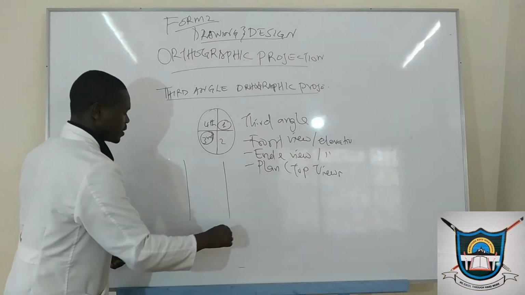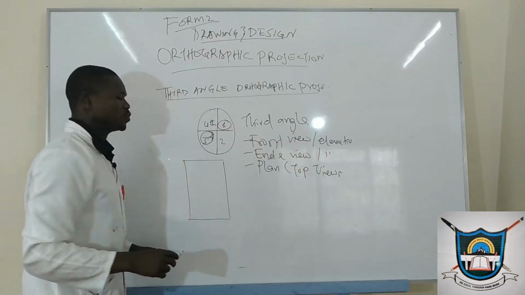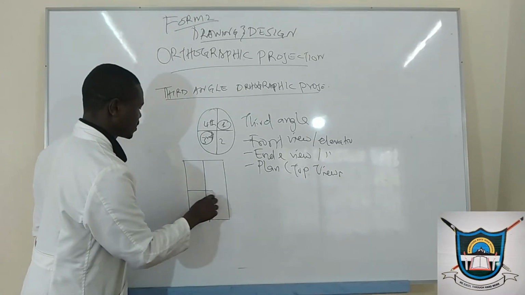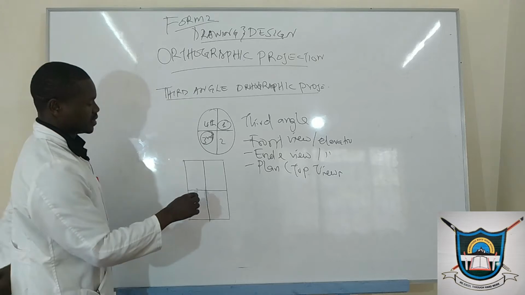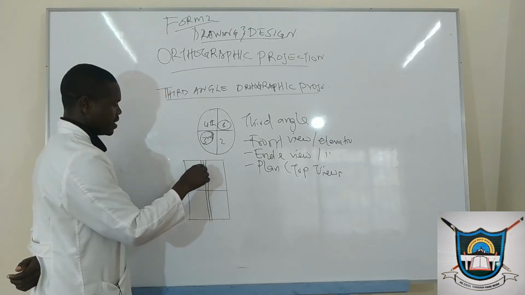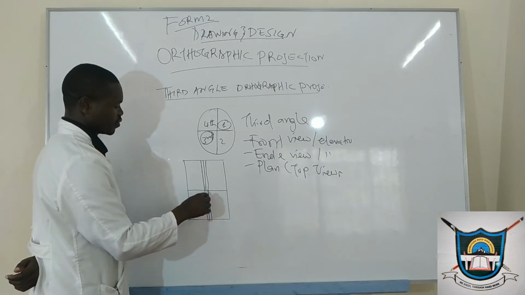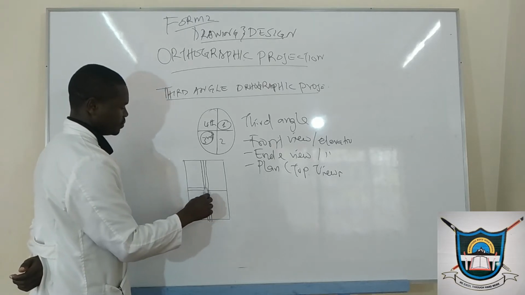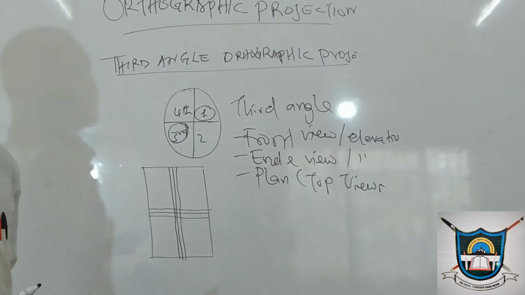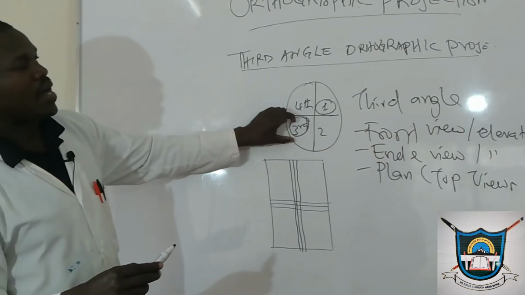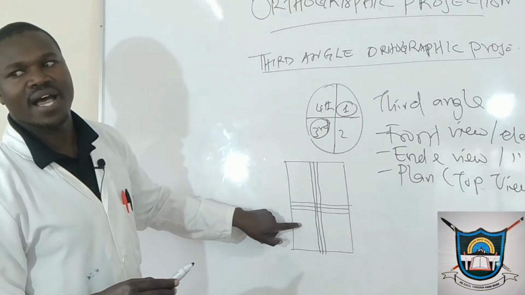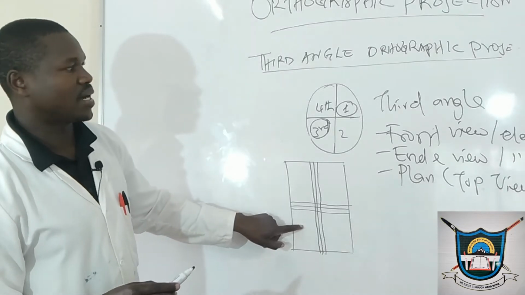When drawing the views in that angle projection, the first step, remember, is that you must come up with the axis. From the axis, make this line 10 millimeters from the axis. Then our front view must be placed at that angle, and this is our third angle.